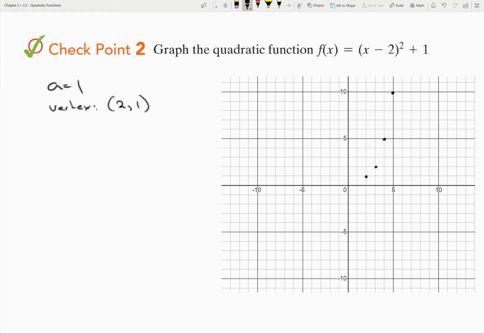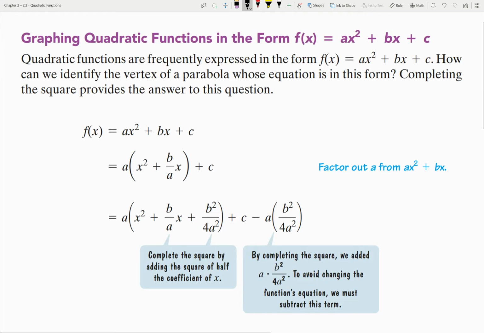And I'm not going to have room for any more. Reflect everything across the axis of symmetry and graph. And there's my parabola. Not a perfect drawing, but close enough.